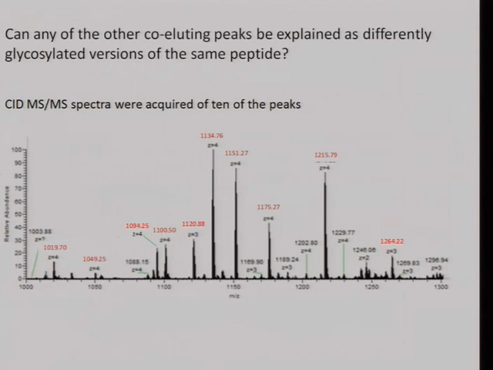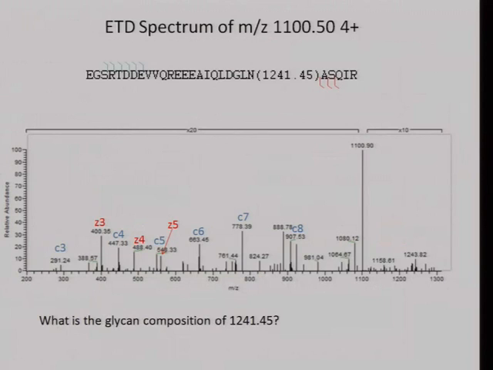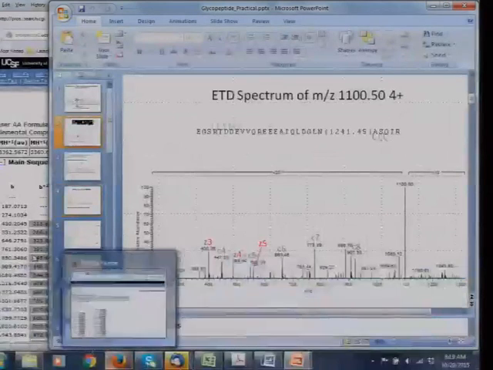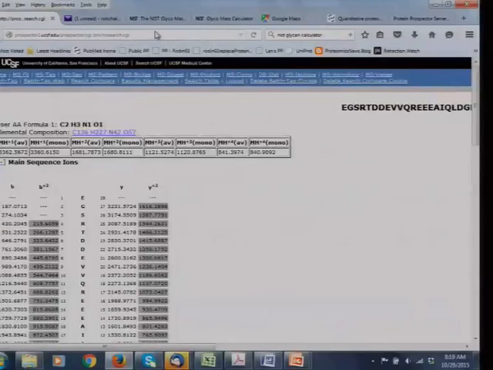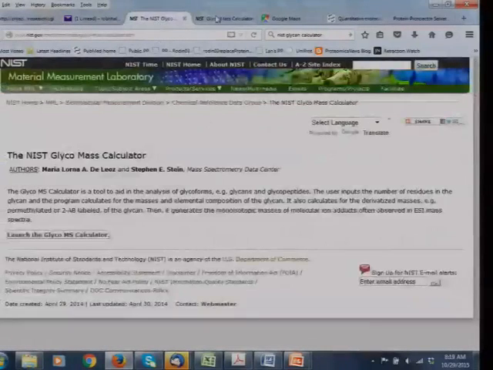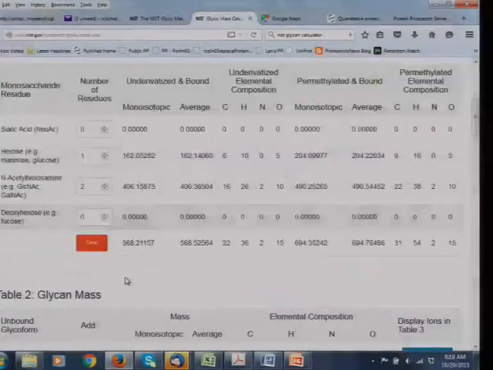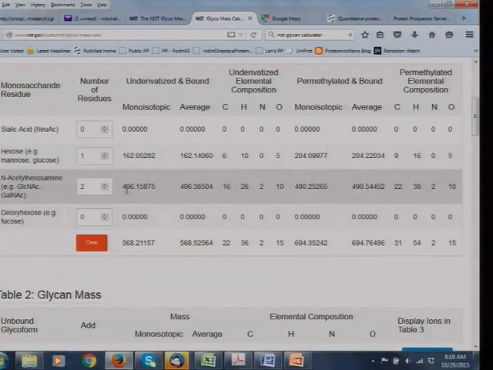Can we work out what the structure is? Well, the first thing we should probably work out is what is this 1241? So we'll click through and see if we can come up with a composition. So we've got two HexNAc.